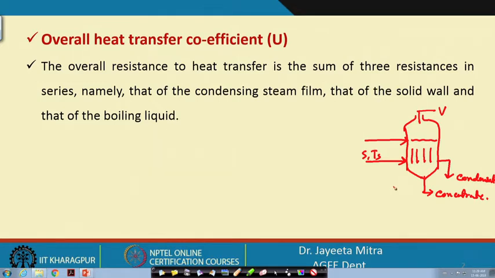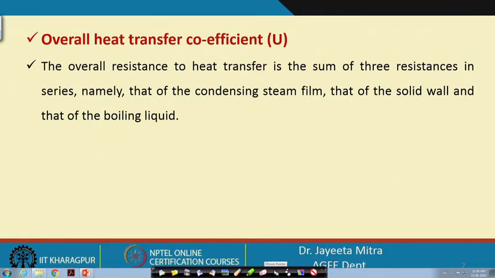So, in any kind of evaporator, the steam condenses on one side of a surface, and the liquid that is being evaporated, subsequently forming the concentrated solution, is on the other side. Okay. So, that is why in series we have to take the condensing steam film, the resistance of the solid wall, and that of the boiling liquid.